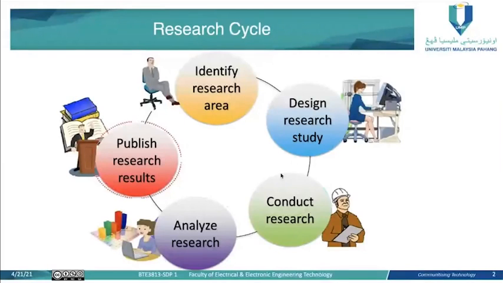Either as a thesis that you are going to submit to the faculty and to the library, and others are going to use your thesis later on as a reference. This is the type of hard copy publication. The second will be maybe your technical report. Your supervisor will publish it as a paper in a conference or in a journal and so on. So this will be your published result.